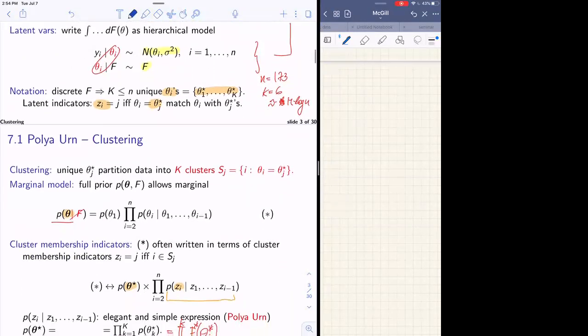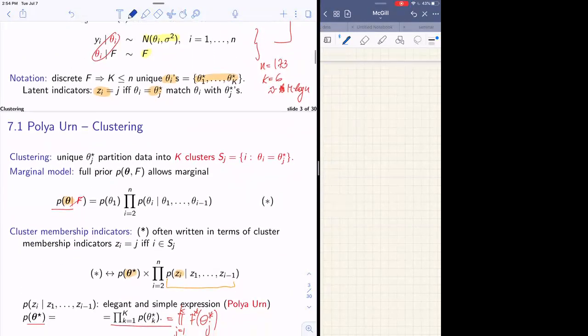Actually, this is enough. Those first two lines defined my model, right? Do you see that these first two lines are totally symmetric in i? You can do any permutation of the patient indices and you get exactly the same probability model. Or in short, we can say it's exchangeable in i. It's exchangeable in the patients.